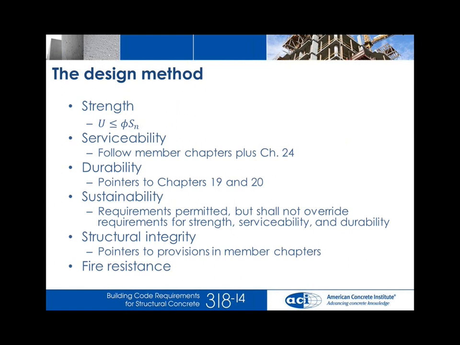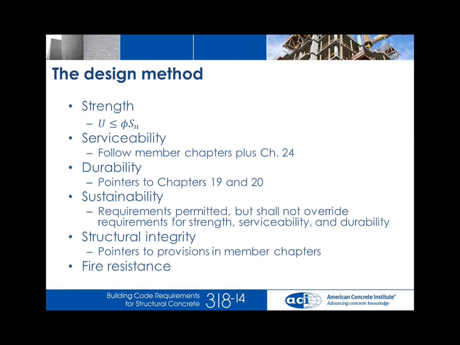With regard to sustainability, it's noted that the engineer of record is allowed to introduce requirements for sustainability, but those requirements shall not override the requirements for strength, serviceability, and durability of a structure. I think very importantly, this chapter identifies that structural integrity provisions exist in this code, and they have to be adhered to.